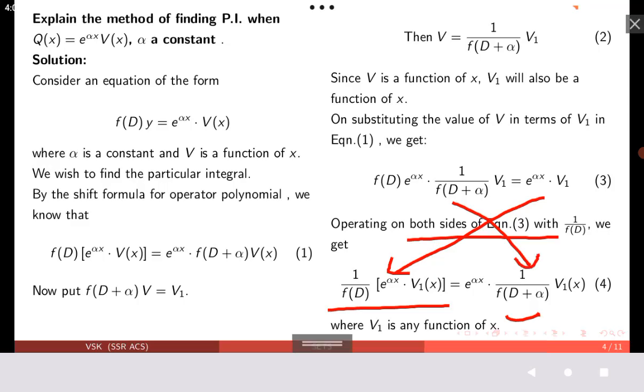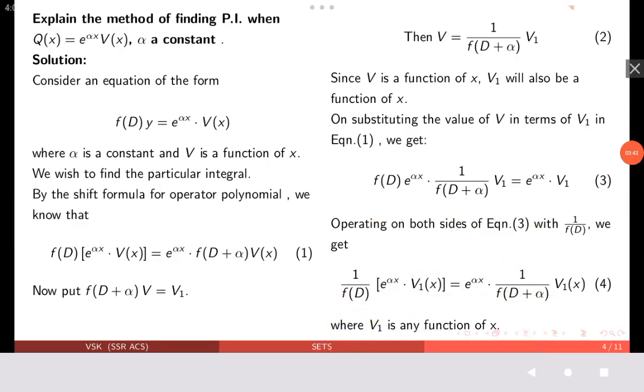Because of this, the 1 upon F(D) is cancelled, and the remaining term is written over here. So we get a formula that 1 upon F(D) e to the power alpha x into V1(x) can be written as e to the power alpha x times 1 upon F(D plus alpha) into V1(x), where V1 is a function of x.